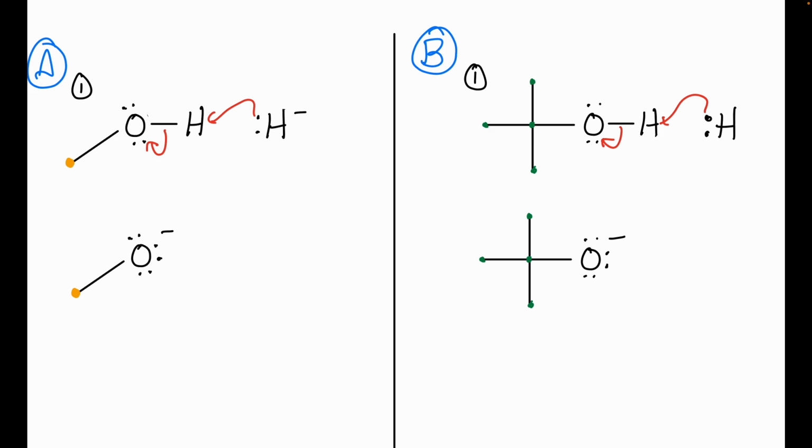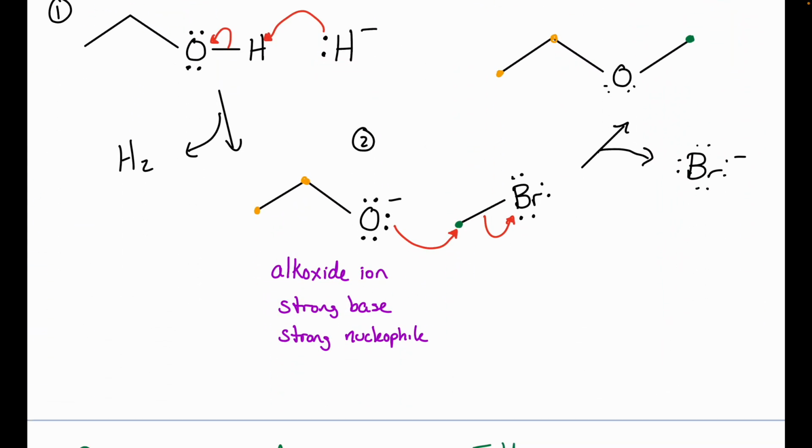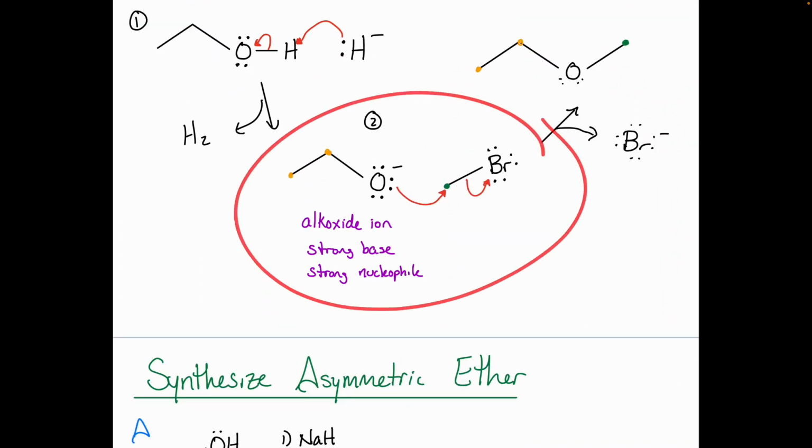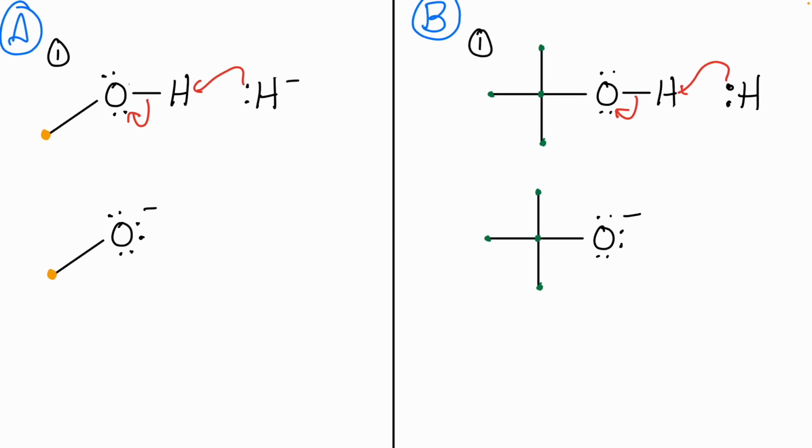So now let's move on to the second step of our mechanism here, that nucleophilic attack step. Now we're going to draw in our nucleophile. I'm sorry, we're going to draw in our electrophile.